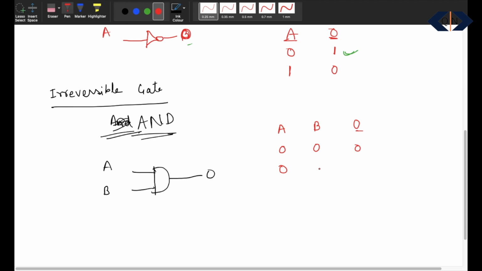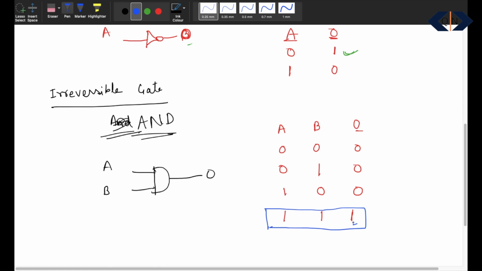This is 0, 1, 0; 1, 0, 0; 1, 1, 1. If we look at this, our output is 1.